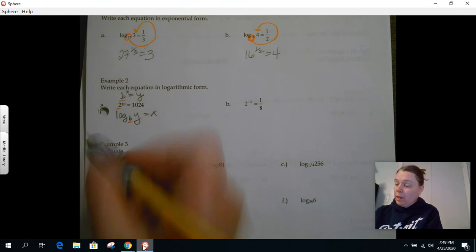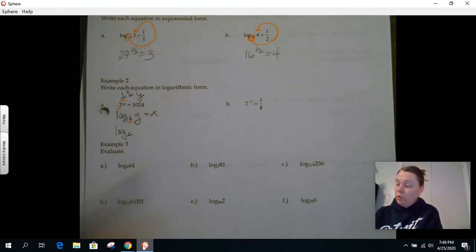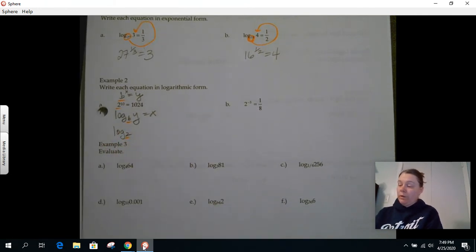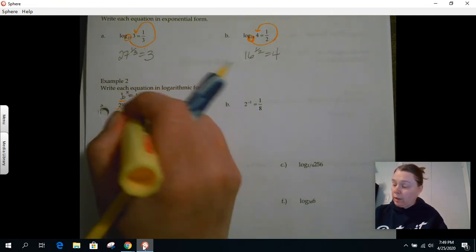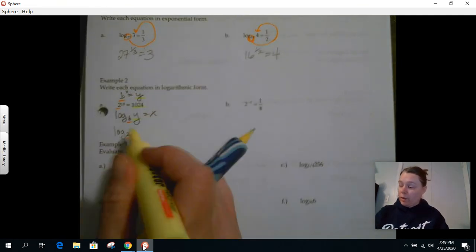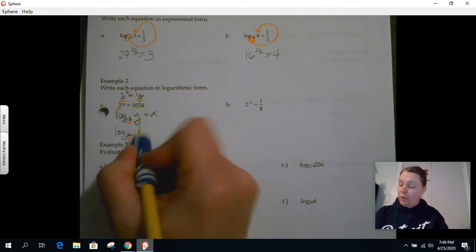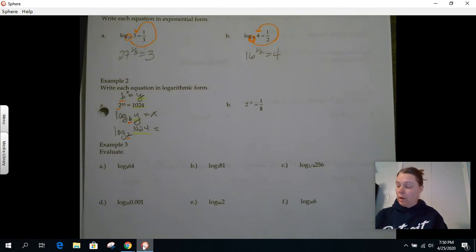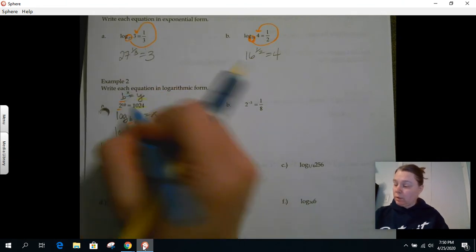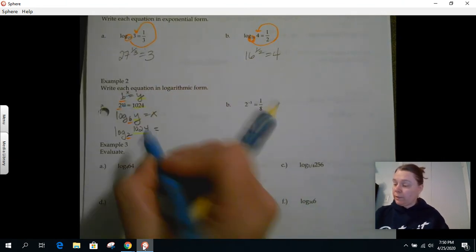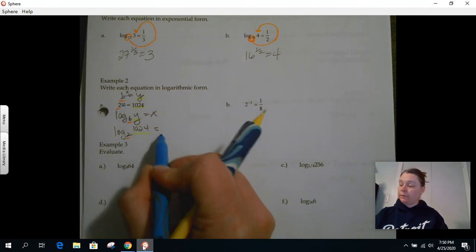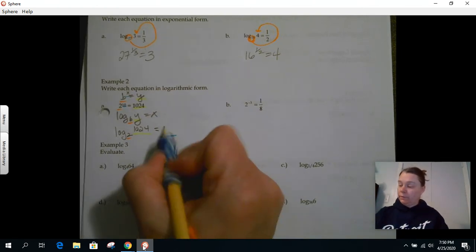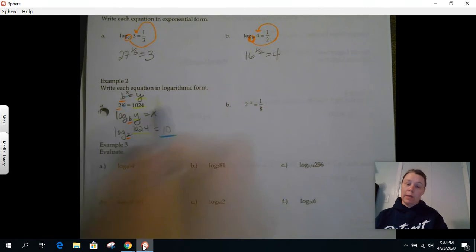So this would be log base 2 of, in the spot of the y, I have the 1024, so log base 2 of 1024 equals our x, which in this case is 10. And if we looped around, it should get us back to what we started with.